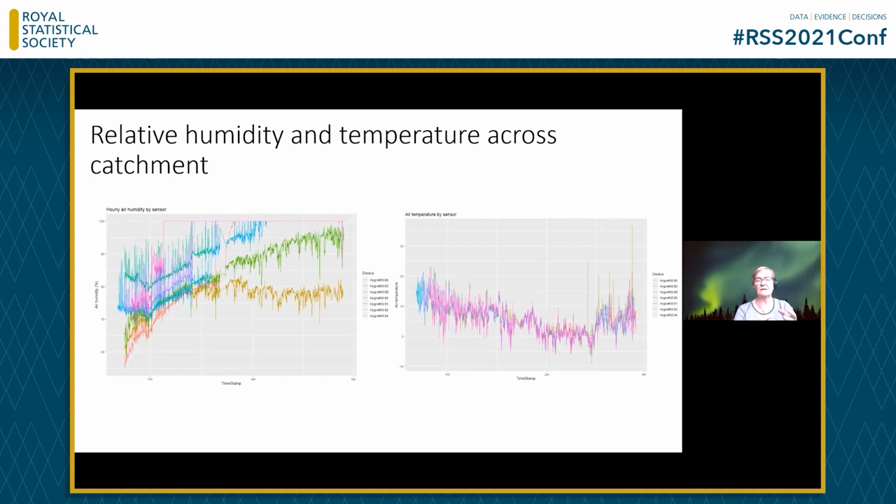What we discovered is that moisture builds up within the box, the sensor gets saturated, and so we end up with values, as you can see in the plot on the left, hitting 100% and then not changing.